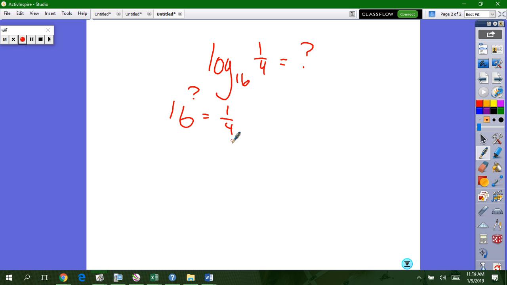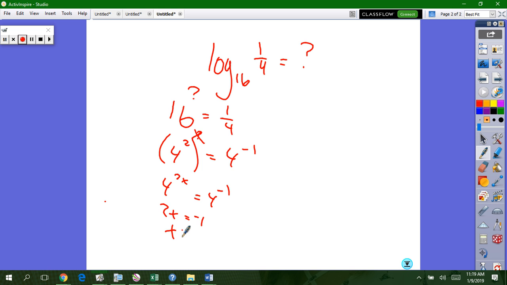Do you agree with that? Then 4 squared to the question mark, I'm going to put x instead, is 4 to the negative 1. So that's 4 to the 2x equals 4 to the negative 1. And then I could solve and say 2x is negative 1, x is negative half.